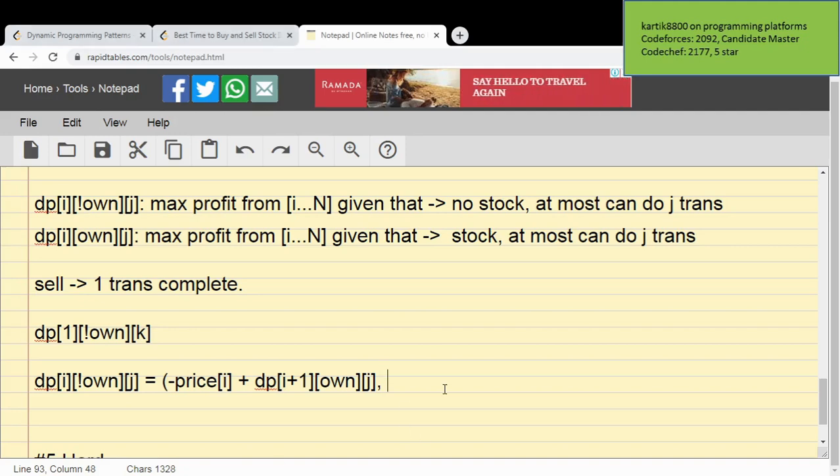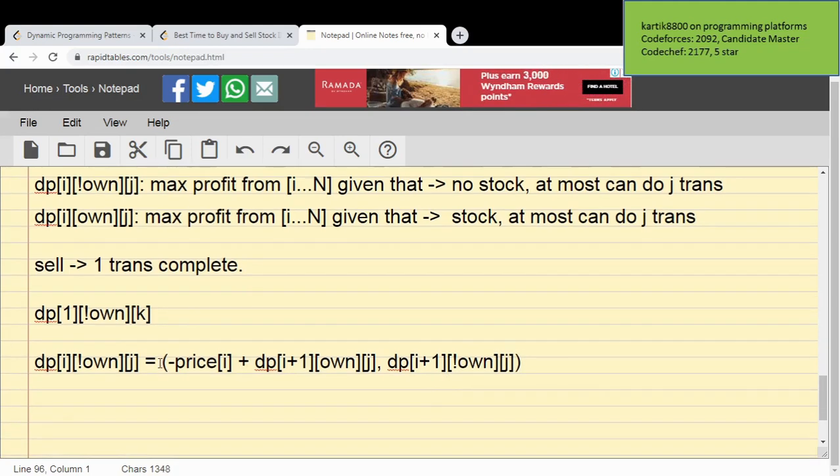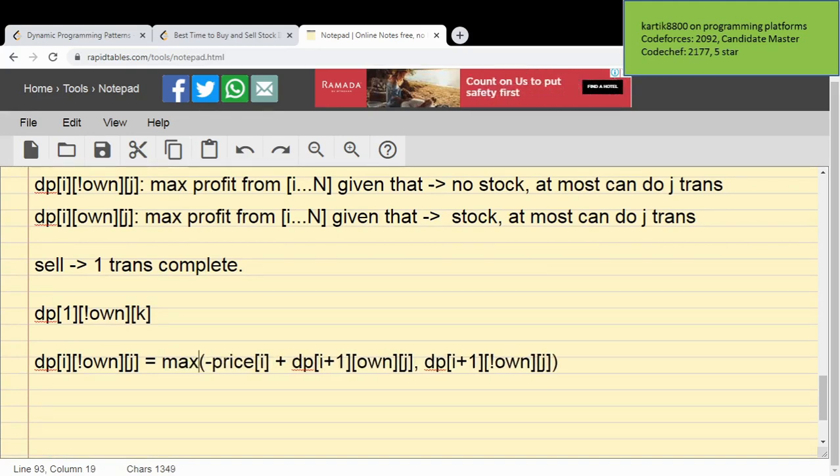The other option we have is that you don't own a stock, you don't buy one. So you will be like, okay, what is the best money I can make from day i plus 1 till day n, given that I do not own a stock because I never bought it, and I can still do j transactions. This part must be okay with you. And among these two options, of course, we'll choose the better option. Better means whichever generates me more money.